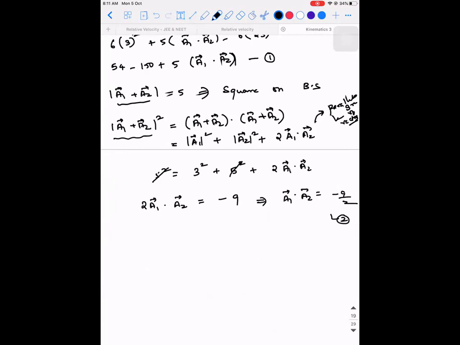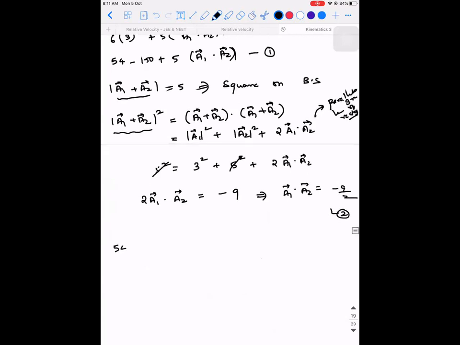So using 2 and 1, what do we get? 54 minus 150 plus 5 into a1 vector dot a2 vector is -9/2. Solve this and tell me what is the answer. Do it fast.